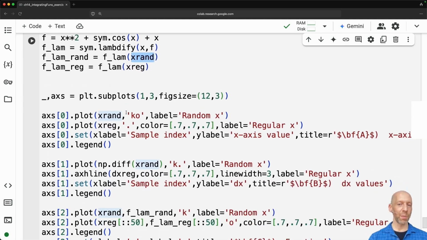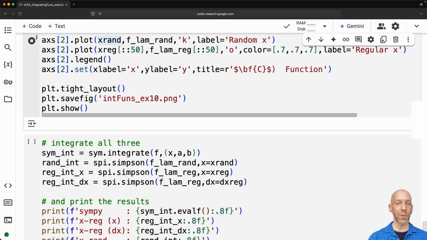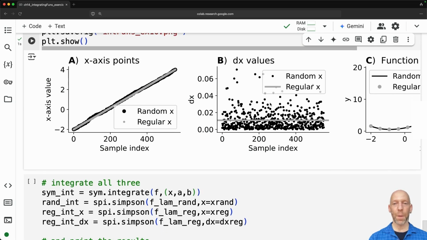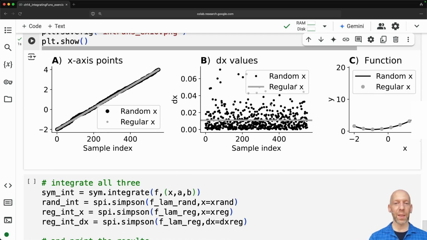Okay, and then I'm plotting those. And to get the second plot, I'm using the numpy.diff function. So I'm basically differentiating this random grid to get the delta x values. And that's what you see here. So this just reproduces the plot that I showed in the text.